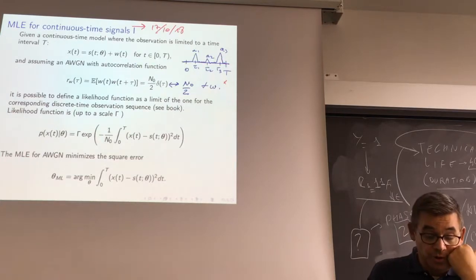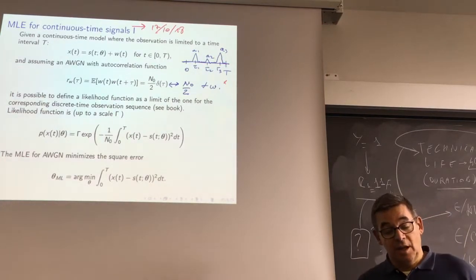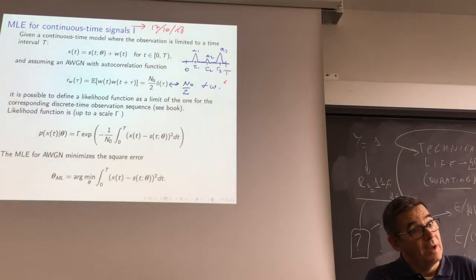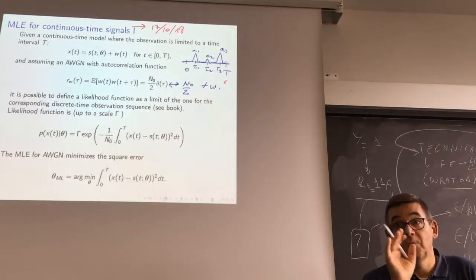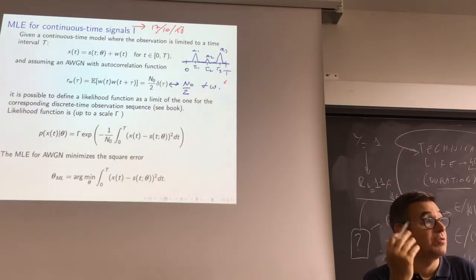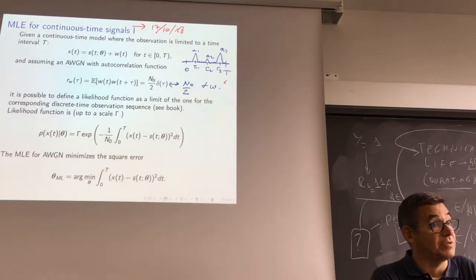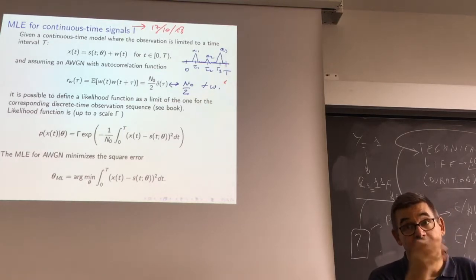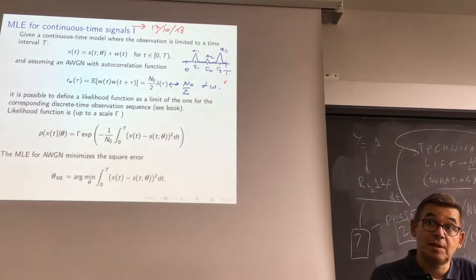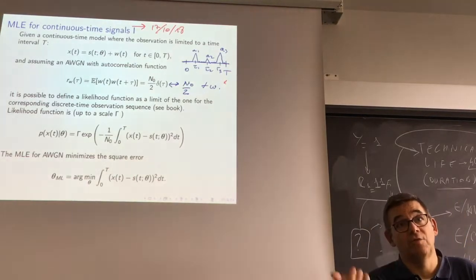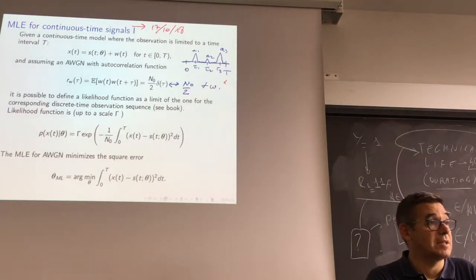Now, in this case, in principle, I should take the problem from scratch, and then I can try to derive what I can, and then I can derive the likelihood function. I can derive the parametric probability of the observation, the likelihood function, and then I maximize the likelihood function with respect to the parameters.